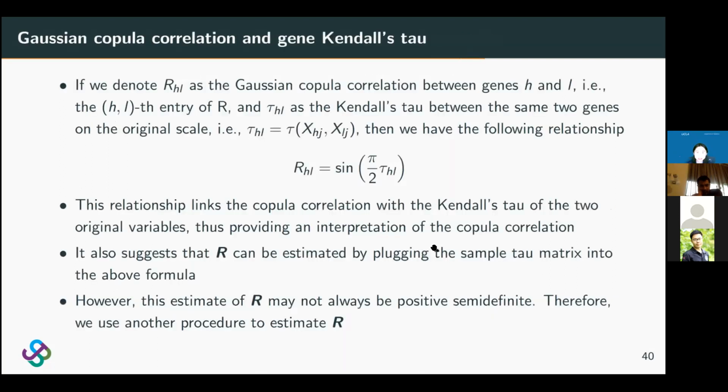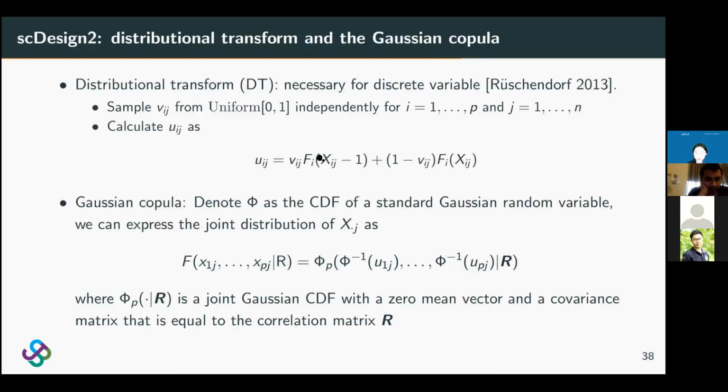But there is an interesting relationship between the original gene correlation and the Gaussian copula correlation. Because the copula is essentially based on ranks, when we do this transformation, first from the original count to its CDF, and then from its CDF to the Gaussian inverse CDF, we're essentially only keeping the rank or the quantile.